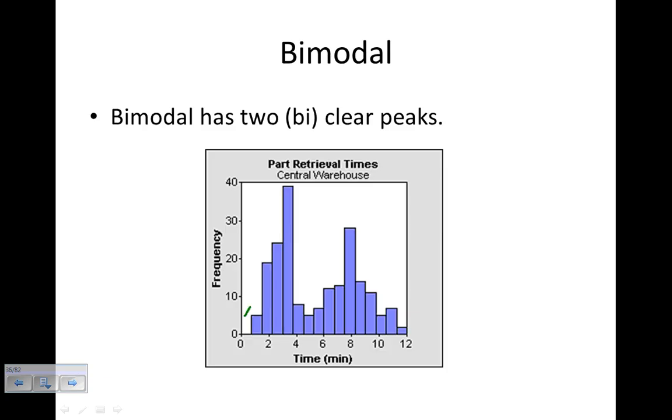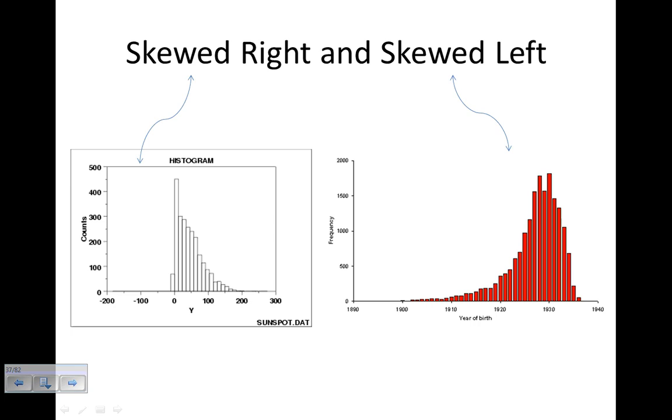Bimodal, so as you draw, you have 2 distinct peaks, so that's going to be your bimodal. Again, skewed right or skewed left. So over here is the little guys, so it is skewed right. And over here is the little guys, so it is skewed left.